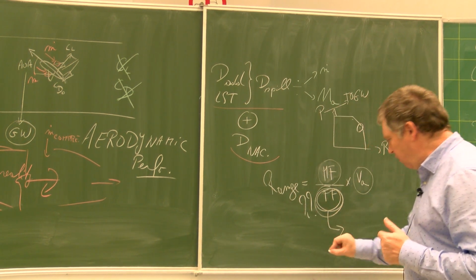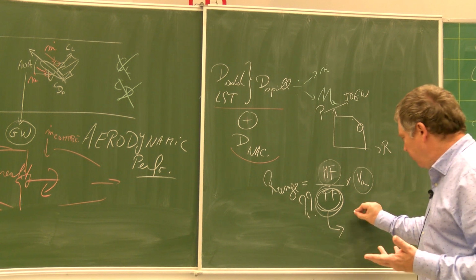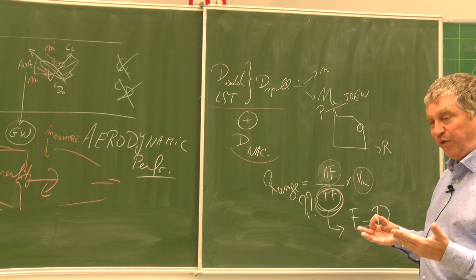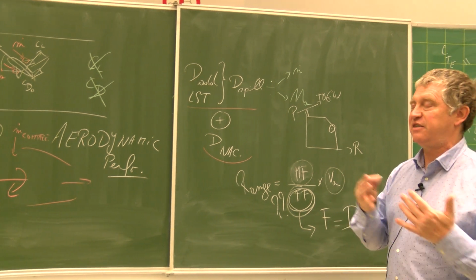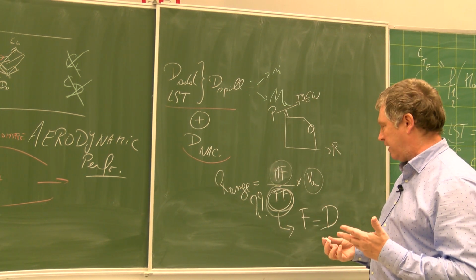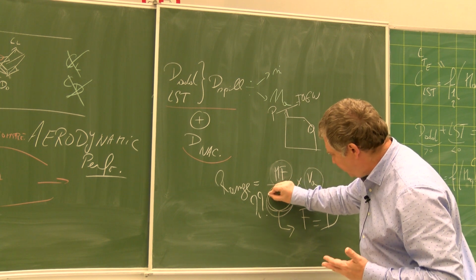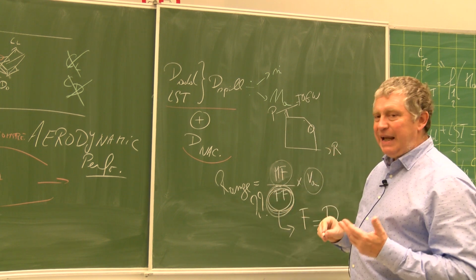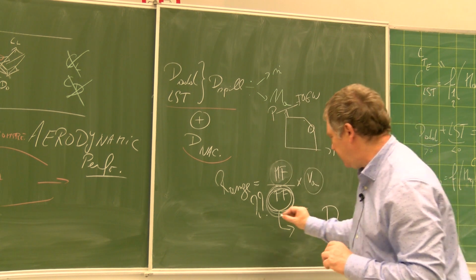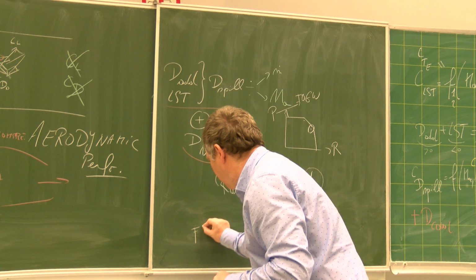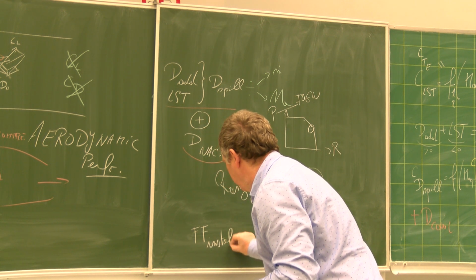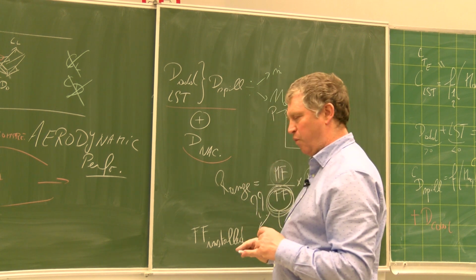And this fuel flow corresponds with the thrust that is equal to the drag. This is the fuel flow that makes the thrust sometimes higher than the drag when you accelerate, or equal to the drag. And this fuel flow is in fact what we call, I have erased this part of the board, the installed fuel flow.